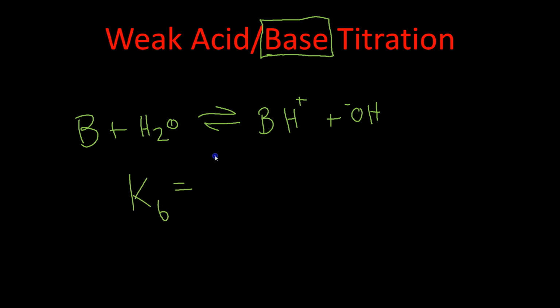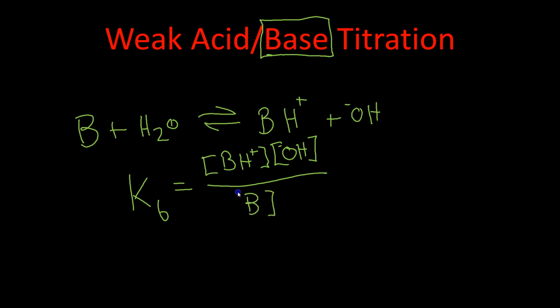Just like all our other equilibrium constants, we have our products over our reactants. In this case, we ignore the water because that's just a solvent. And so this is what our equilibrium expression looks like.